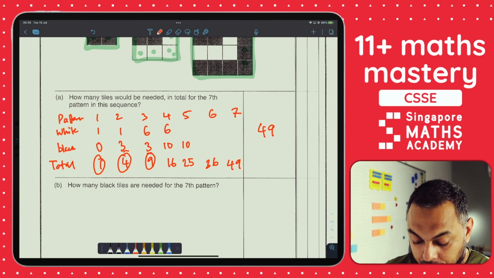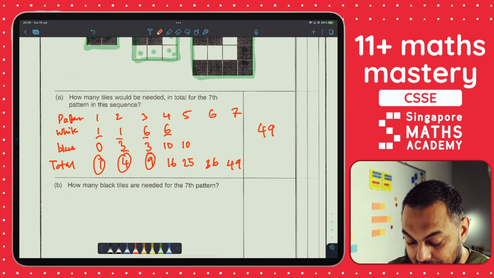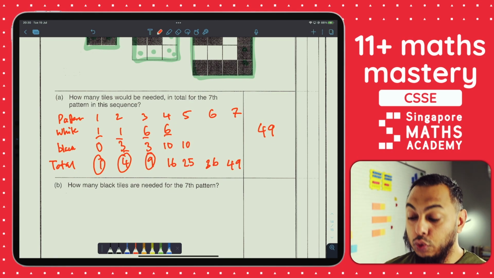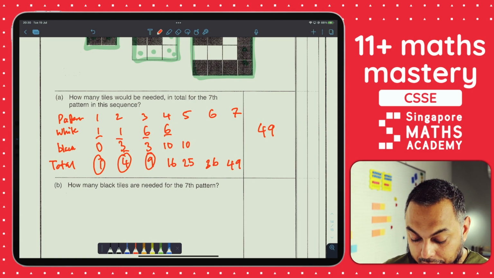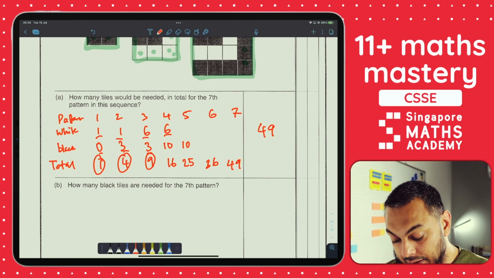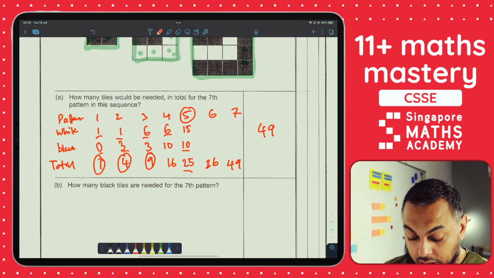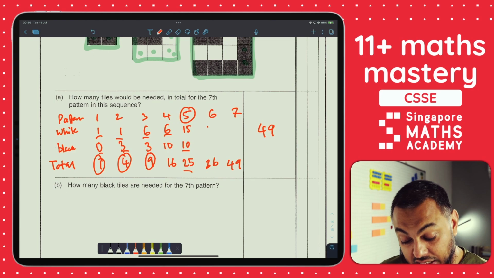Well, you've got the pattern 1, 1, then 6, 6 for white. So you know it kind of repeats itself every 2 tiles, right? Then you've got black 0, and then 3, 3, 10, 10. So if you know this is 10 and this is the 5th one, you know the total's on 25, this must be 15. So if the white is 15 here, remember it doubles up. So 1, 1, 6, 6, 15, this must be 15.